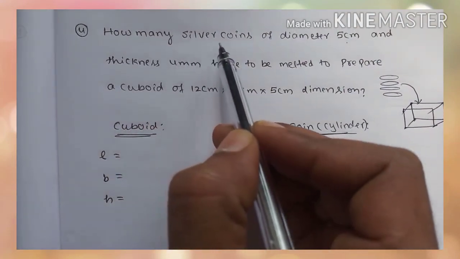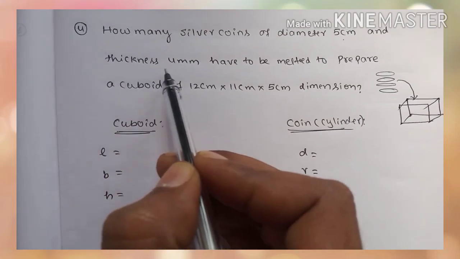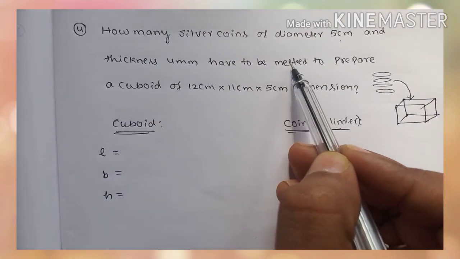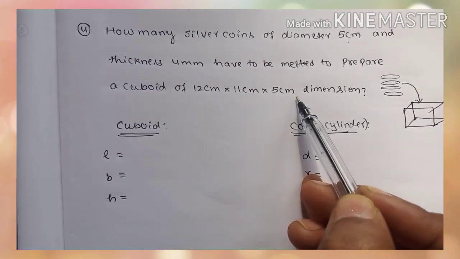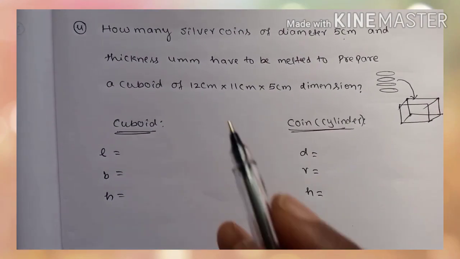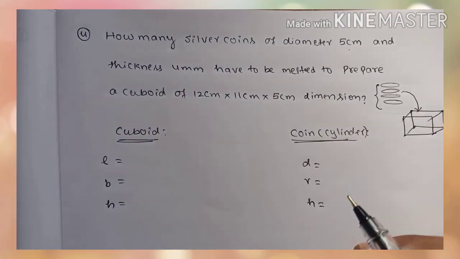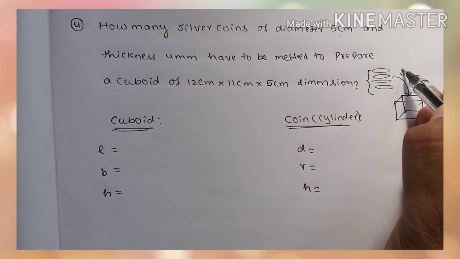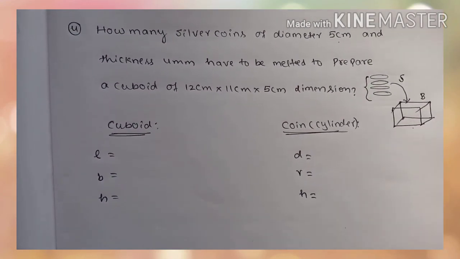How many silver coins of diameter 5 centimeters and thickness 4 millimeters have to be melted to prepare a cuboid of the given dimensions? We have to find out how many silver coins, so this is the smaller object. We have to form the cuboid, so this is the big object.